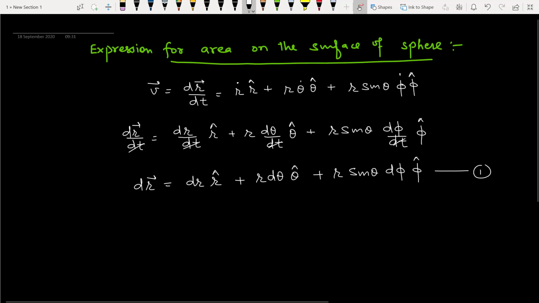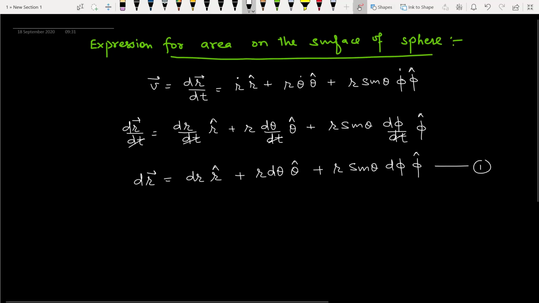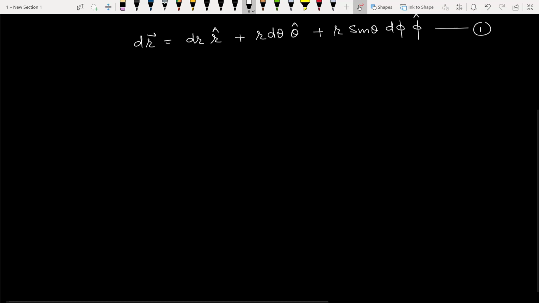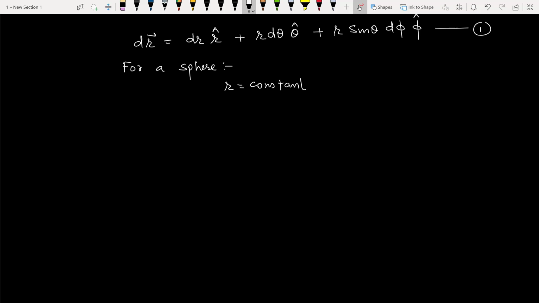As we are to derive the expression for a sphere, so when we come to the sphere, r is constant, so dr is 0 because the derivative of a constant is 0.